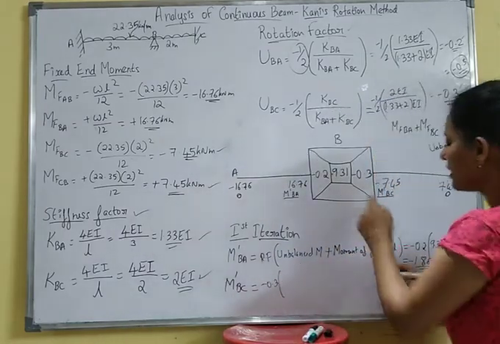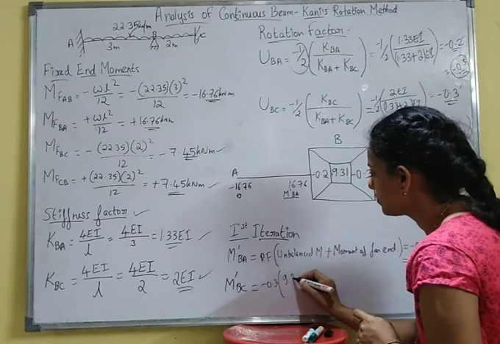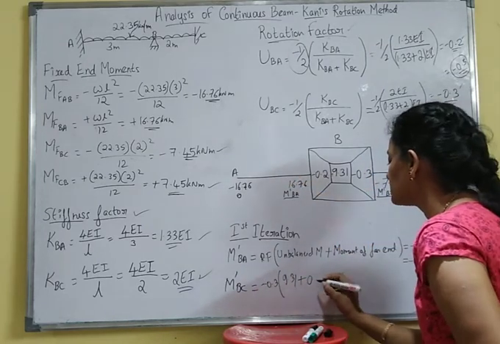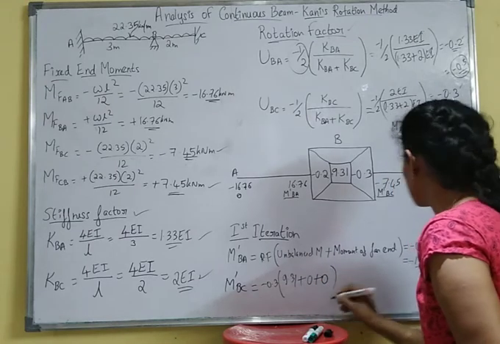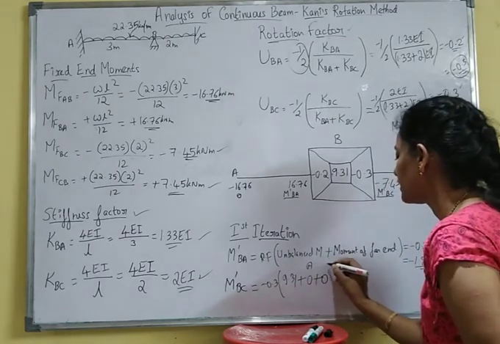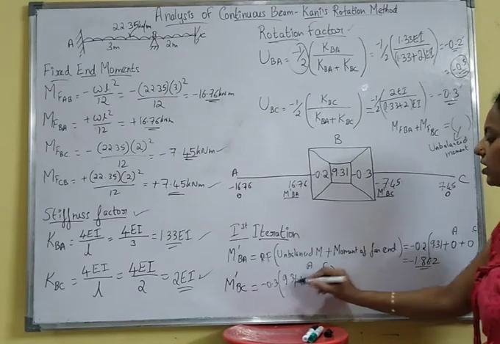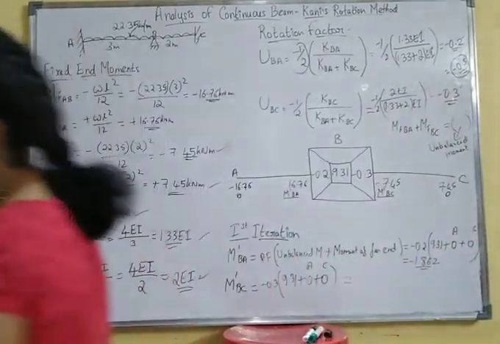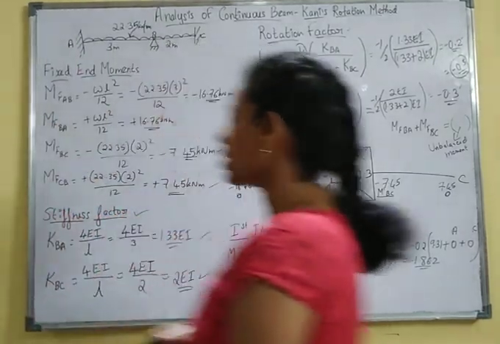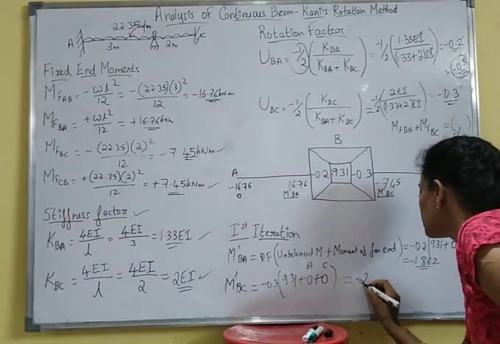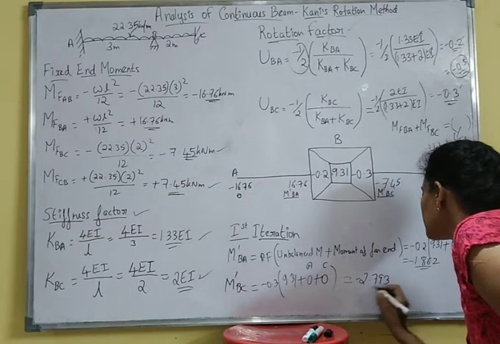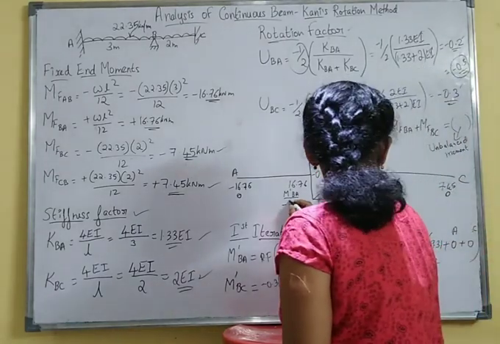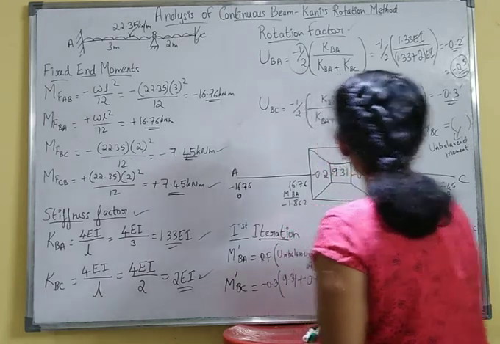Unbalanced moment is plus 9.31 plus again the far end condition, that is 0 plus 0, same A and C. So you will have minus 0.3 into 9.31, that is minus 2.793. Here how much is minus 1.862.